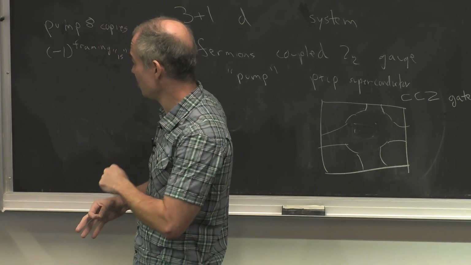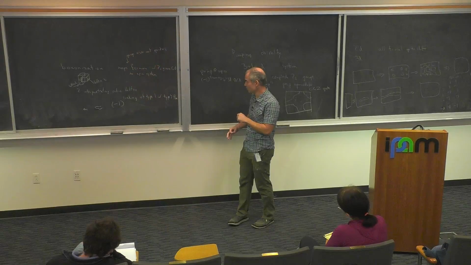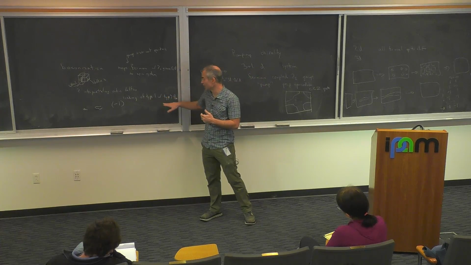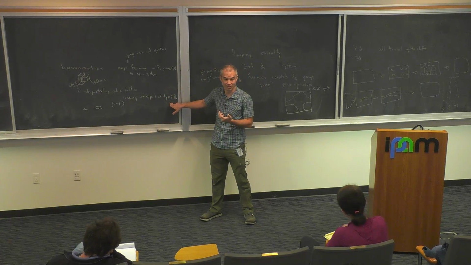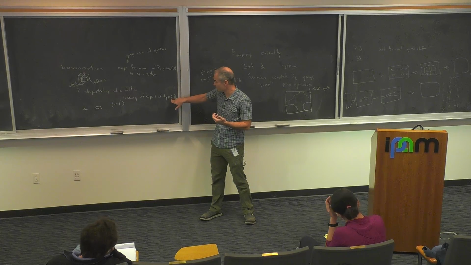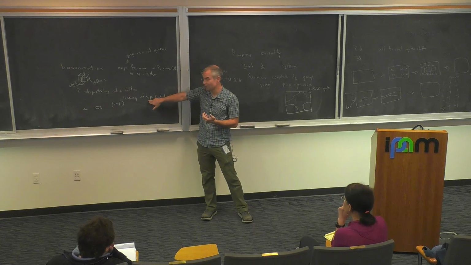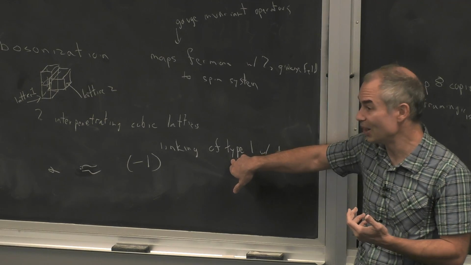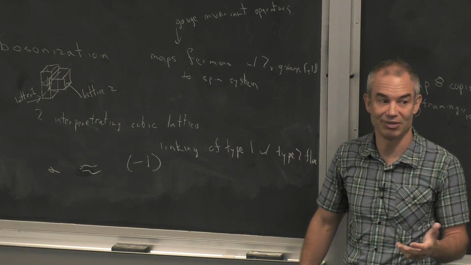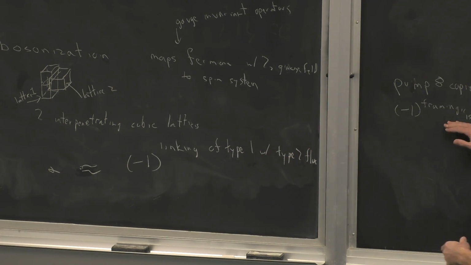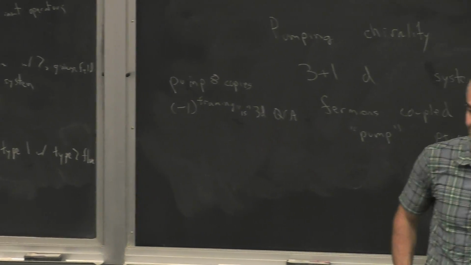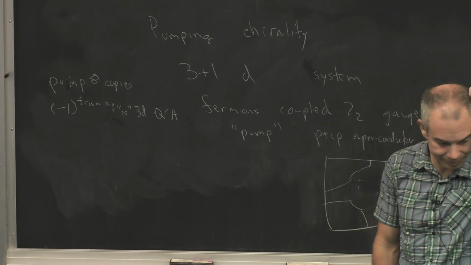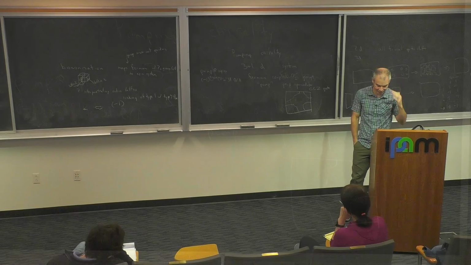And so running a type 1 fermion around a type 2 flux loop will precisely produce the linking of type 1 flux with type 2 flux, because you put a type 1 fermion around these loops, you get a -1 phase if it links with type 1 ones. But there's an additional sign coming in from the framing of where you run the fermion, so that turns it into -1 to the framing of the type 1 fermions. So it's a much simpler form of the QCA.